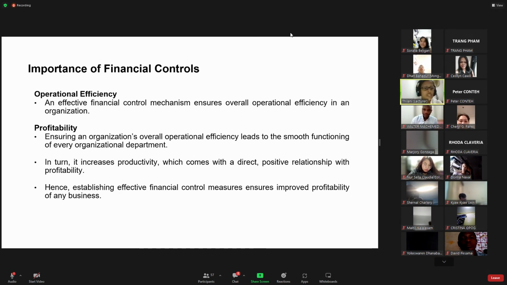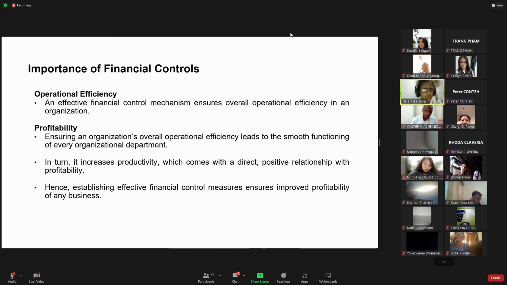Then operational efficiency. What is operational efficiency? You have to see overall how well your organization is operating, the operational aspect of the company. Is the company bringing in profits? What is the profitability of the organization? Operational efficiency will also lead to smooth functioning, whereby you will gain more profits.